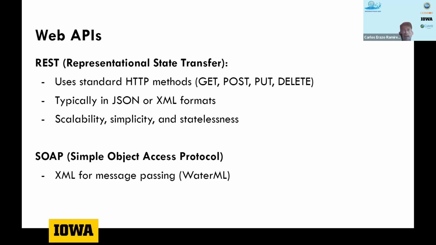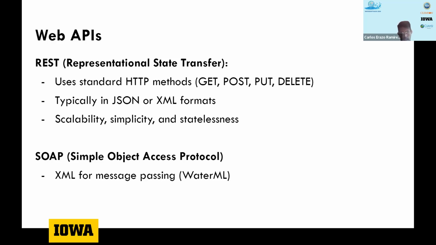These are ways. It depends on the data sets many times. It depends on the institution, what kind of API they want to set up. So we're going to be making calls to these APIs based on this.